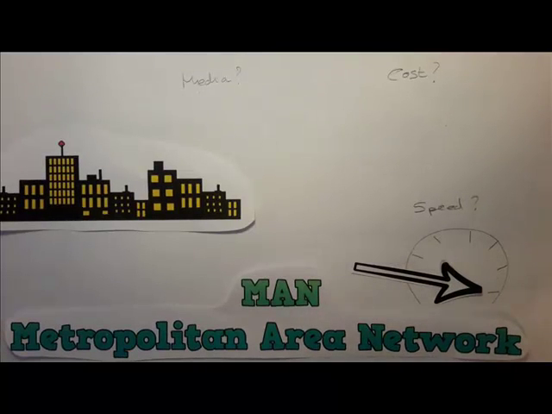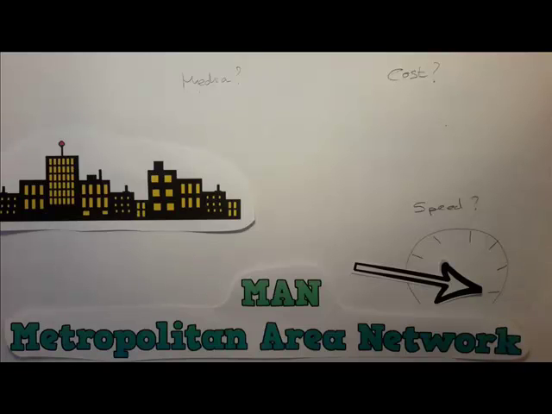It's often a number of LANs which are connected up so they produce a bigger network. For example, in a very large university which has got campuses around a district, each campus would have its own LAN, but then they would be connected up together to make a metropolitan area network.